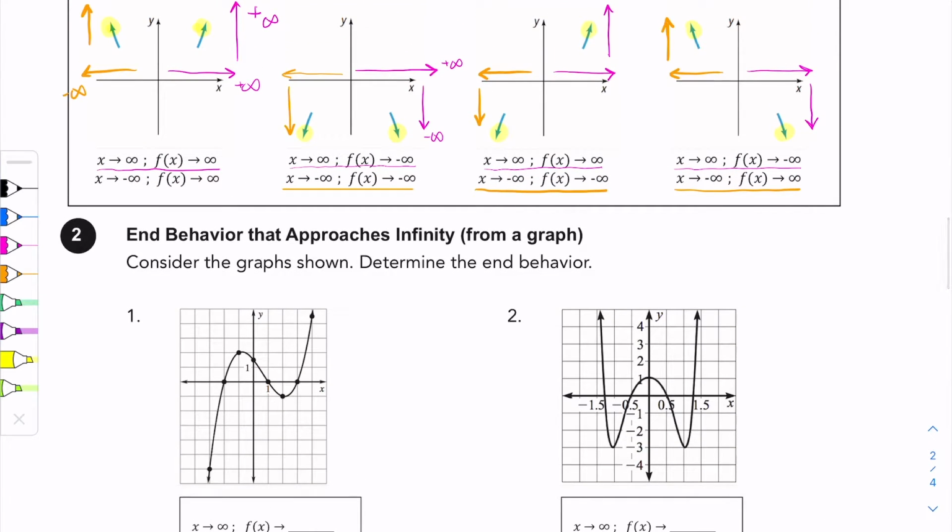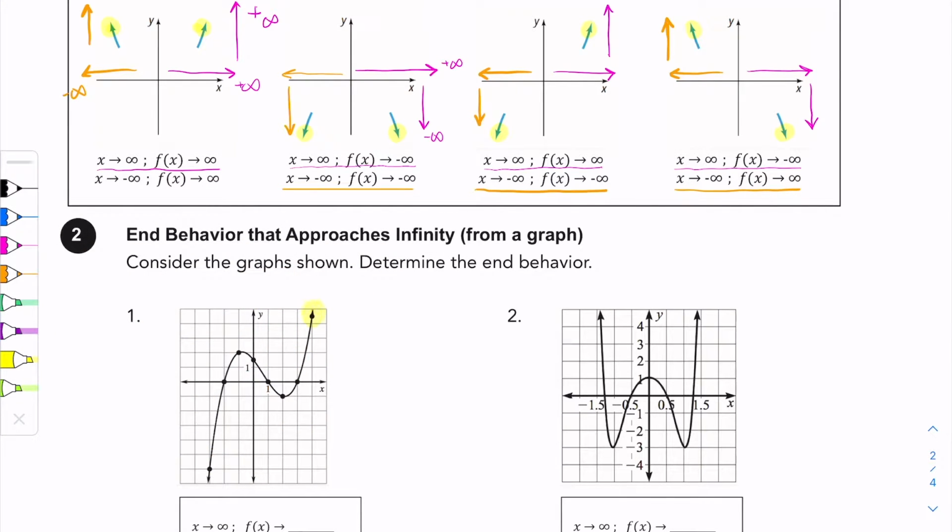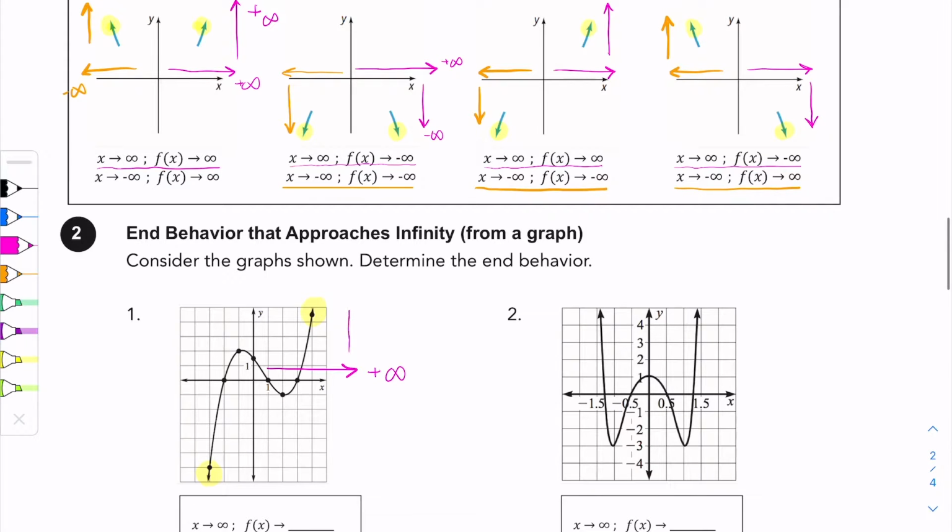For this first one, number 1, looks like we have the graph heading up over here and heading down over here. That means as x approaches positive infinity, you always start with the x value. So as x heads towards positive, the function is heading upwards towards positive infinity on the y-axis.